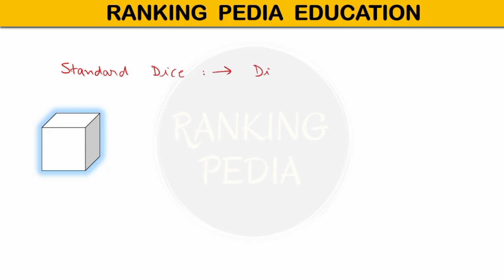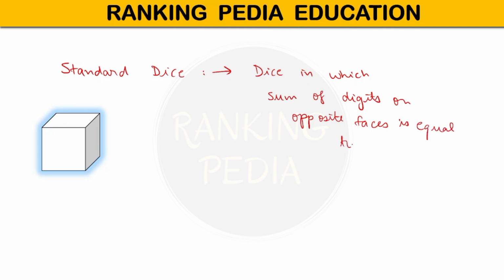It is a dice in which the sum of digits on opposite faces is equal to 7. By this I mean, suppose this is a dice, over here it is 3, and here it is 2.